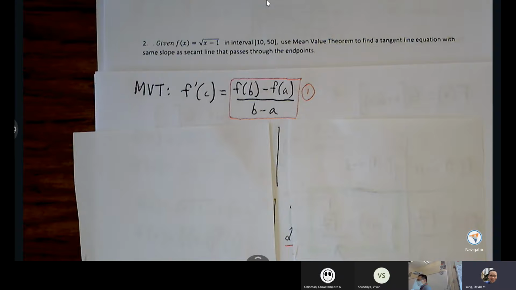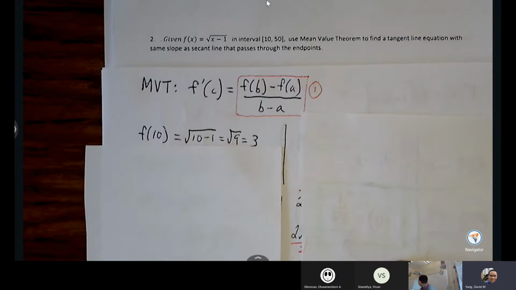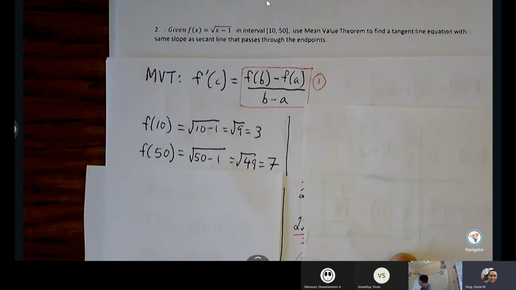Yeah, let's find the ordered pairs first, and then we can worry about the slope. So f of 10 is just going to be root 10 minus 1. f of 50 is just going to be root 50 minus 1, which ends up being 3 and 7, right?